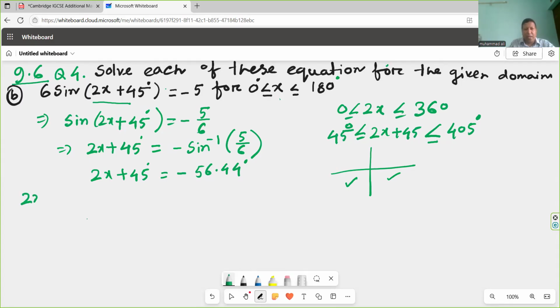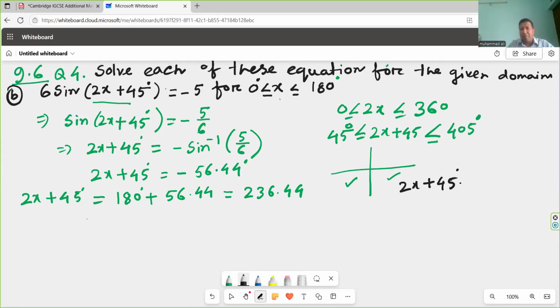If you want to get the result in the third quadrant, we have to add the acute angle, that means 56.44, to 180 degrees, and here we'll get 236.44. And we also subtract this acute angle from 360 degrees. 56.44, if we subtract, we'll get here 303.6.